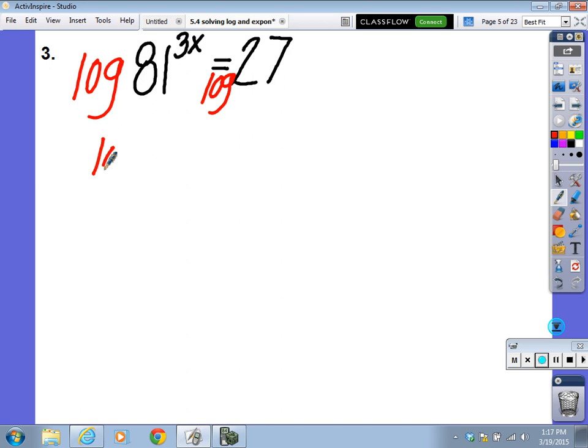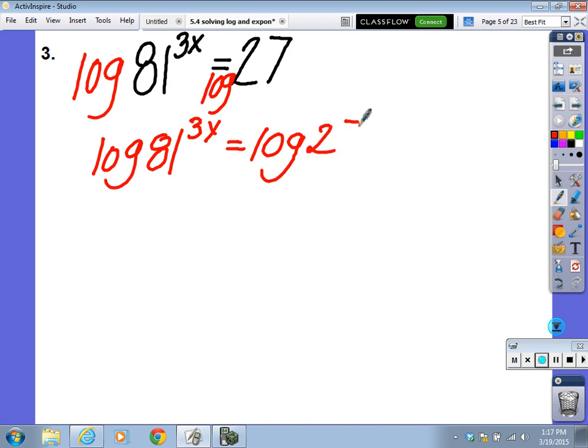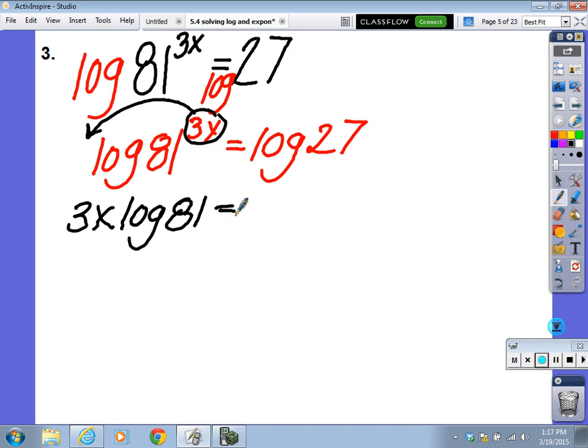So we have log of 81 raised to the 3x is equal to log of 27. Now we know that properties of logs state that if we have something raised in the exponent, we can grab it and pull it down in front. So we're going to have 3x times log of 81 is equal to log of 27.